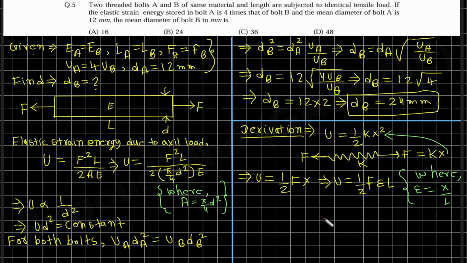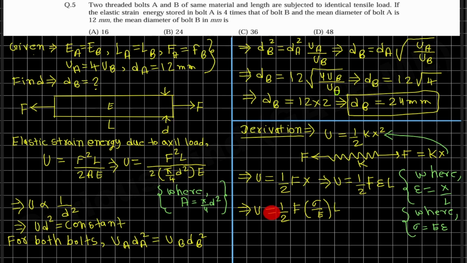So we use the expression stress sigma is equal to E times epsilon, where E is the elastic modulus, to eliminate epsilon.